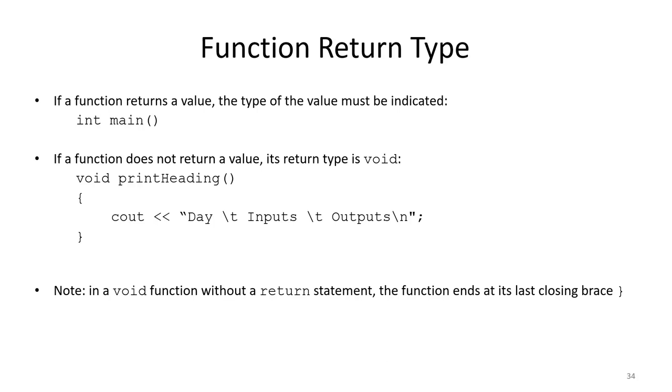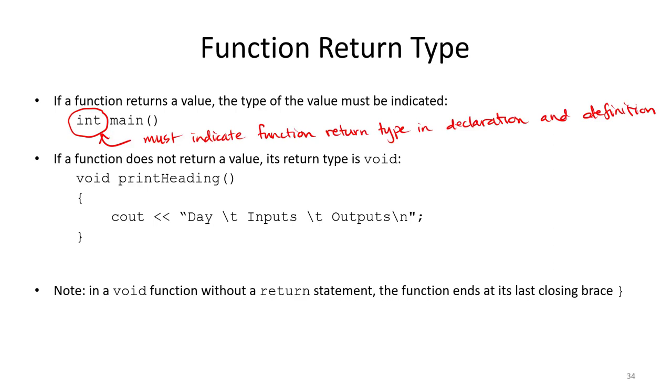And so it's also very important to note that when you are declaring and defining the function, you have to indicate the return type in the function declaration and definition. And if your function does not return any value, then you use void type.